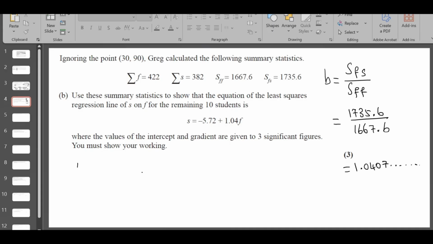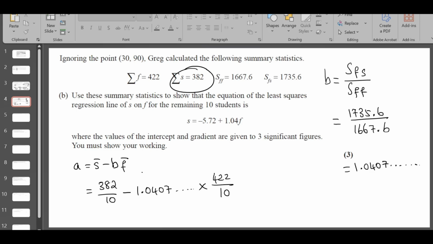And then to find A, the usual formula is Y bar minus B X bar. In this case, it's S bar minus B F bar. S bar is sigma S over N, 382 over 10, minus the value of B. Don't use the rounded value, use the actual value, times F bar, sigma F over 10.